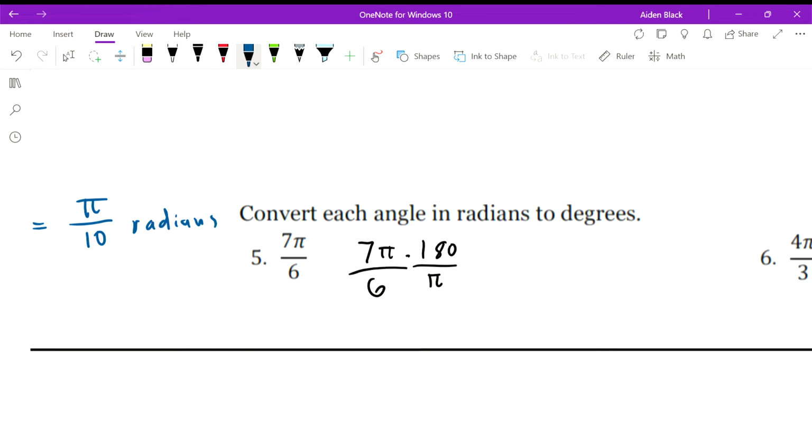When we multiply, the pi's cancel, and then we can divide the bottom by 6 and the top by 6. What does that give us? We end up with 7 times 30, which is 210, over 1, which is just 210. So 7 pi over 6 radians is 210 degrees.